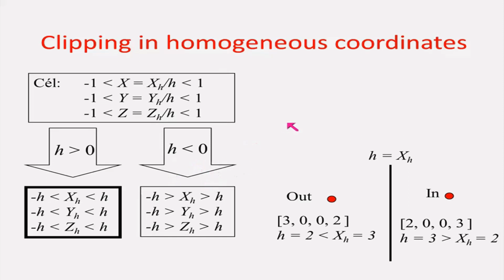Substituting Cartesian coordinates x, y, and z by homogeneous coordinates, we know the correspondence. x is xh divided by h, y is yh divided by h, and z is zh divided by h. We can establish a system of inequalities.